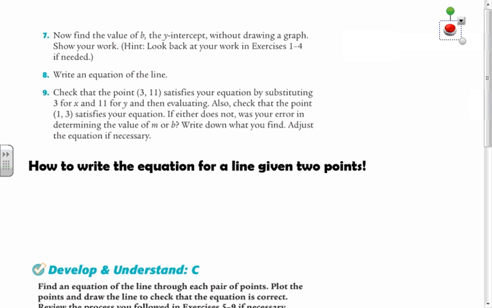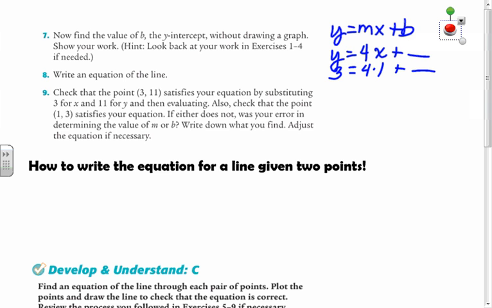And we're going to do it just like we did on the last one. Remember that when you have an equation, it has to work. So we know the slope is 4, plus something. And we know that the point (1, 3) satisfies this equation. So if x is 1, y has to be 3.